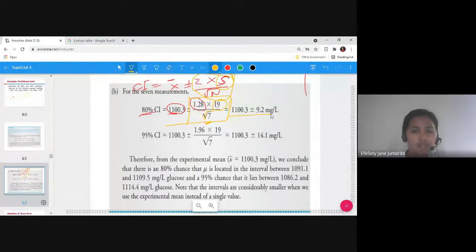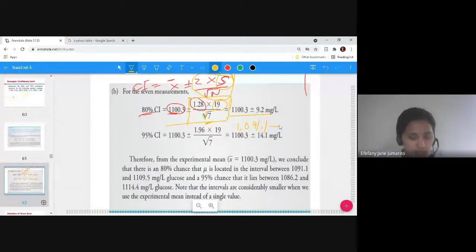If you have this interval, what is the lower interval? So the lower interval there will be 1100.3 minus 9.2. So this one, 1091.1, that will be your lower interval.